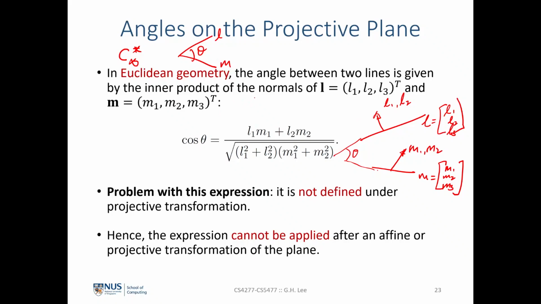So this is (L1, L2) transpose multiplied by (M1, M2), which equals the magnitude of (L1, L2) multiplied by the magnitude of (M1, M2) multiplied by cosine theta, which is the angle between these two normal vectors. And this is equivalent to the angle between the two lines. As a result, we will be able to compute cosine theta as this expression over here.